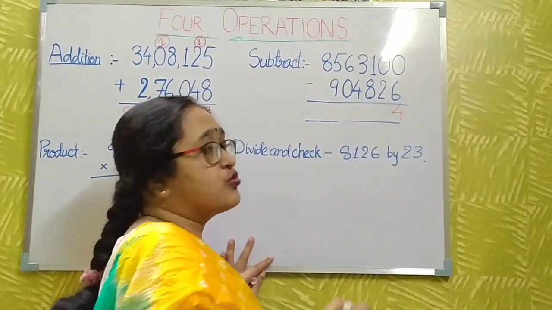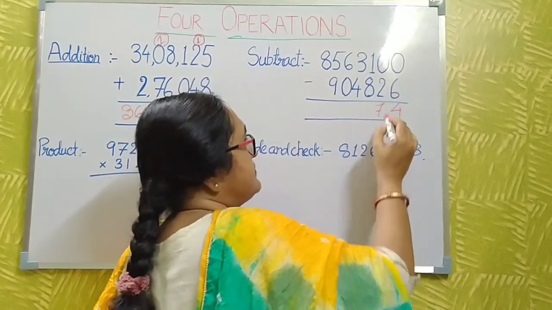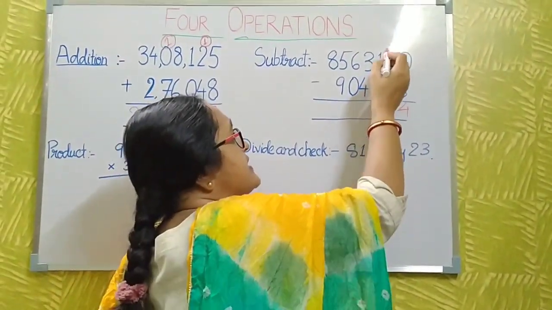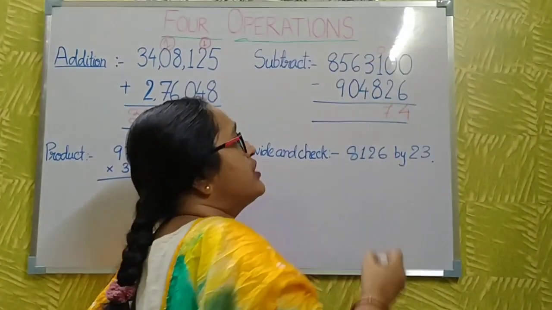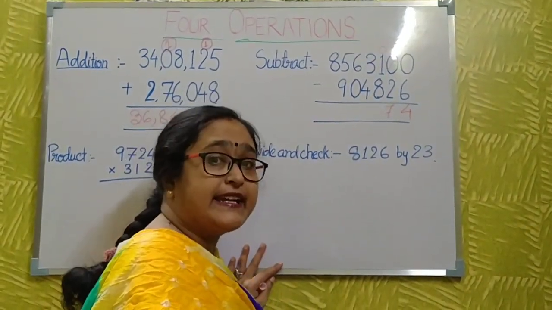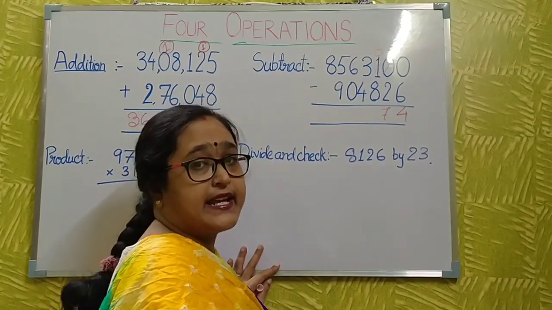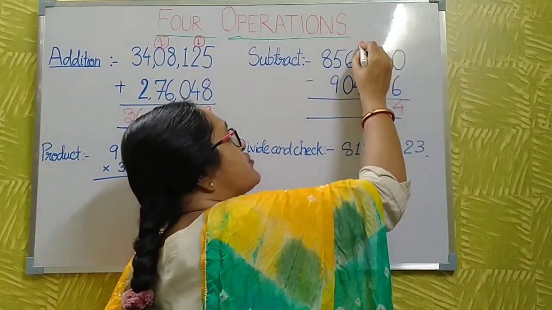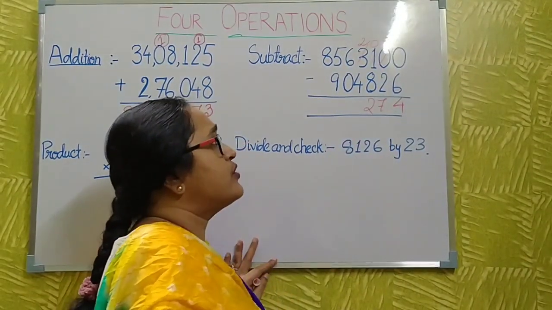And 9 minus 2 is 7, and here also you borrow 10 from here. You cut this and put 0 here. 0 means again 10. 10 minus 8 is 2. You borrowed 1 from here also, so you write 2 here.